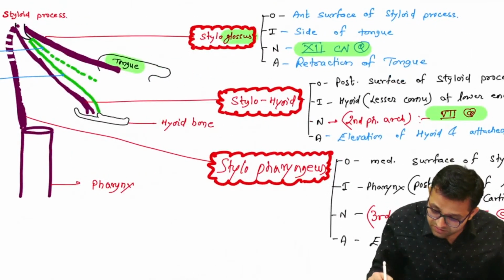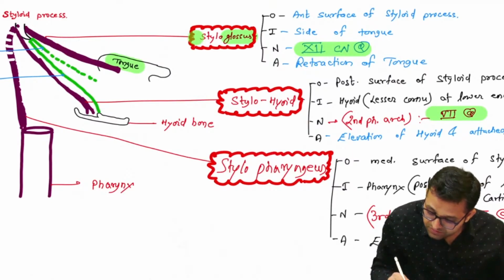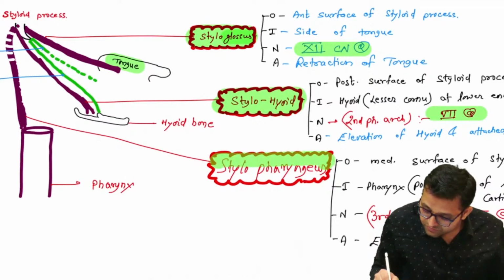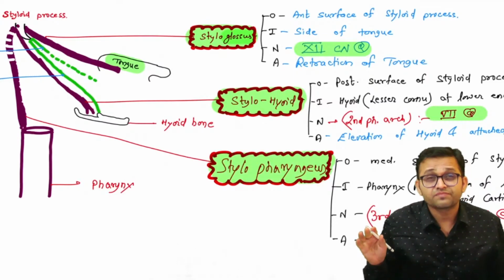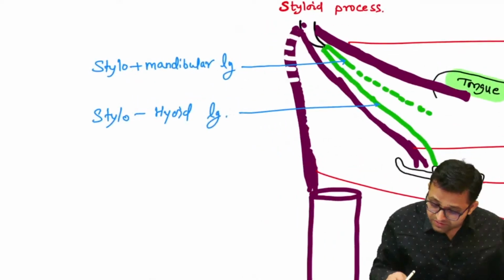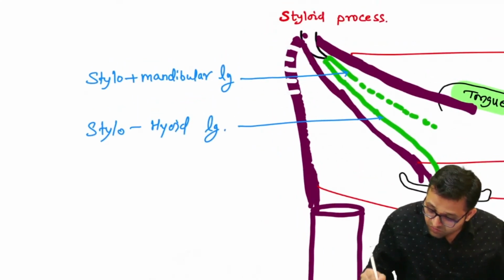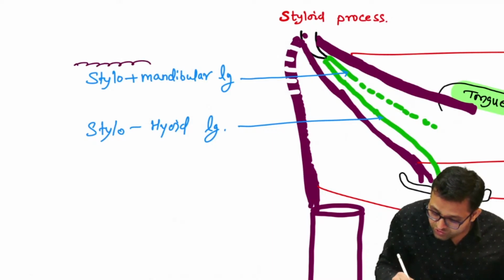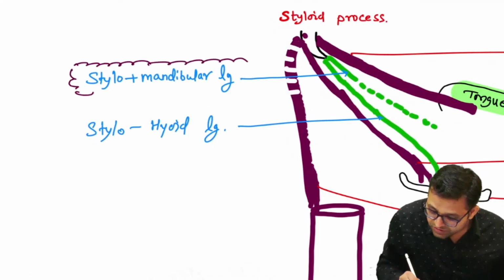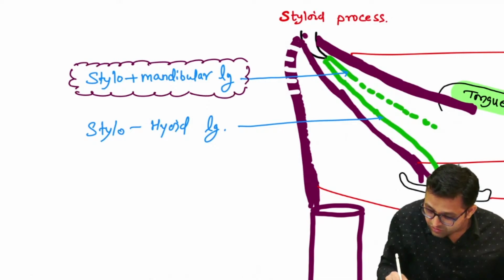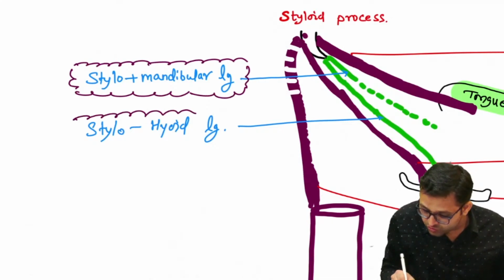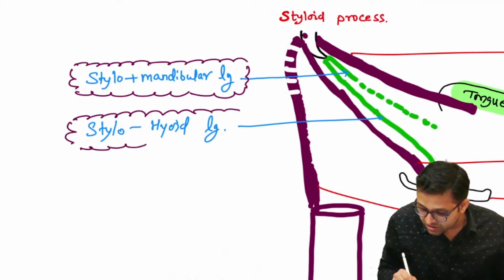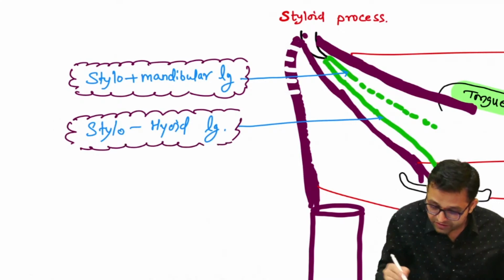So these are the three muscles: one, two, three. Here are the ligaments. Yes, sir. What are the ligaments? Break the name and think about it, sir. Styloid process to the mandible, so stylomandibular ligament, and styloid process to the hyoid. So you will say stylohyoid ligament. Yes, sir.